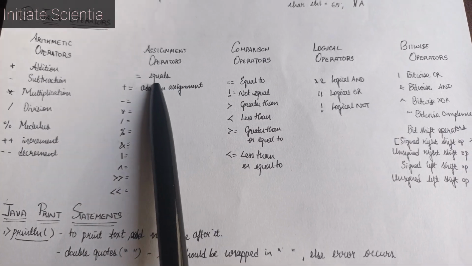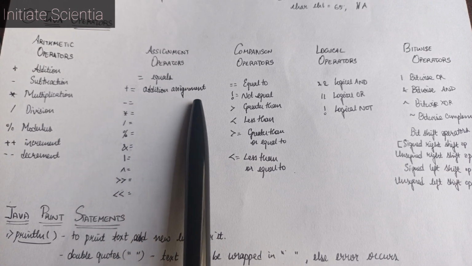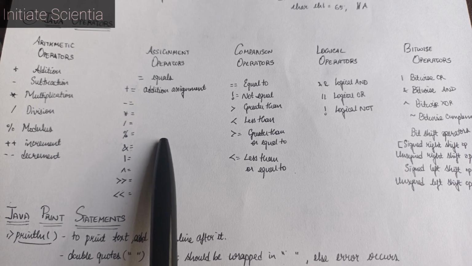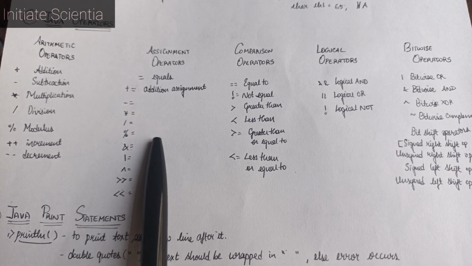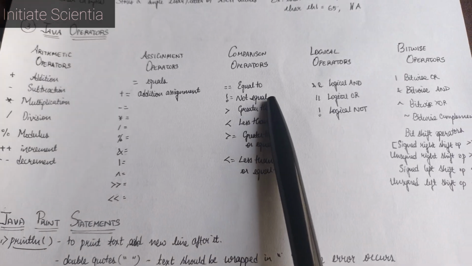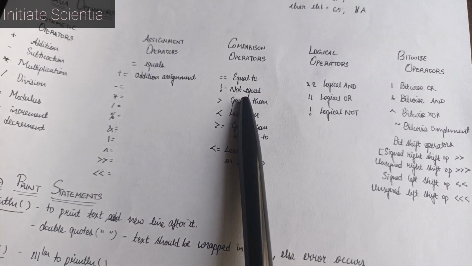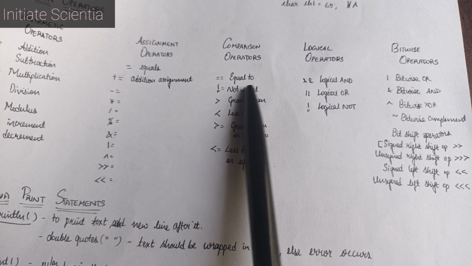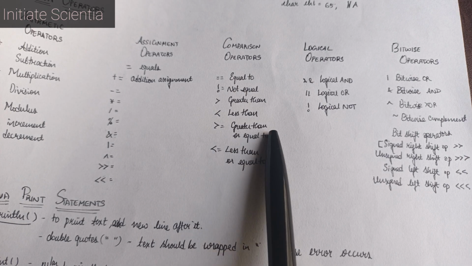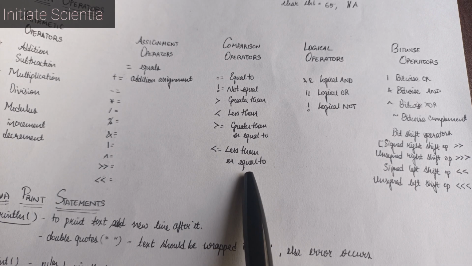In assignment operators, we have equals, addition assignment, subtraction assignment, multiplication assignment, division assignment, modulo assignment, and these are and, or, and so on. Next is comparison operators. As you can see here, we have equal to, not equal to, greater than, less than, greater than or equal to, less than or equal to.